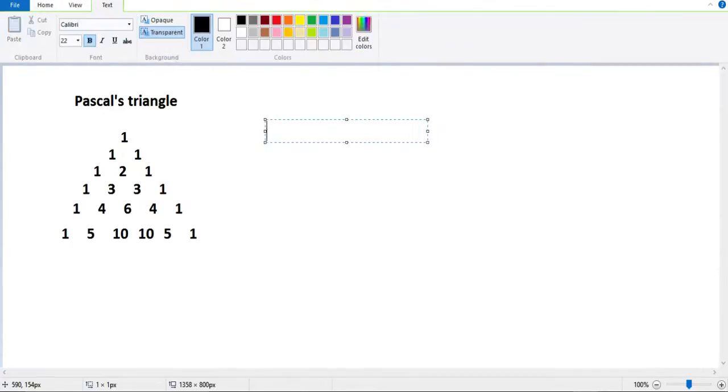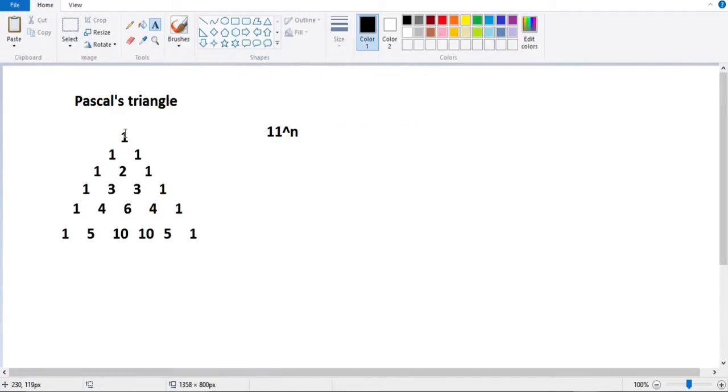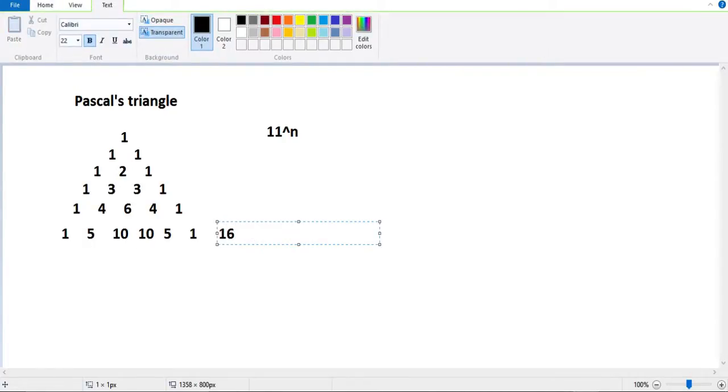As you can see, this is 11 to the n: n equals 0 is 1, n equals 1 is 11, n equals 2 is 121, n equals 3, 11 to the 3, 11 to the 4, 11 to the 5, except here, 11 to the 5, if you type it on a calculator, is going to look more like this. Am I missing a 0?